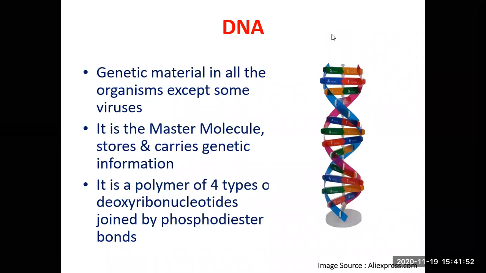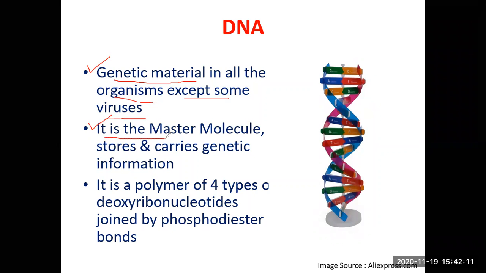Okay, so as we know, DNA is the genetic material in all the organisms except some viruses, RNA viruses, which have RNA as genetic material. And it is a master molecule.